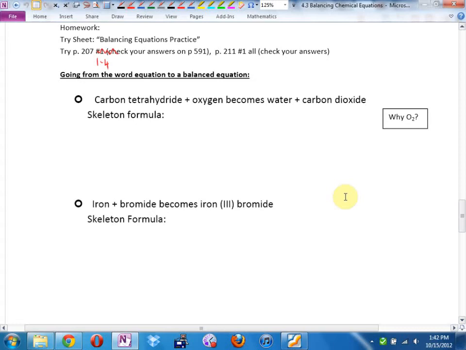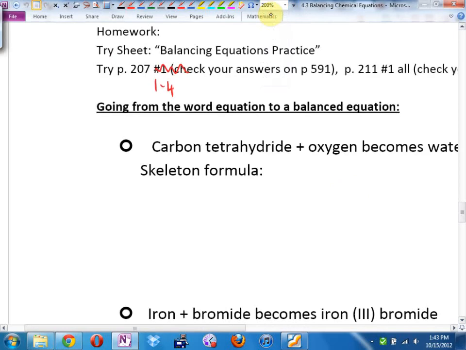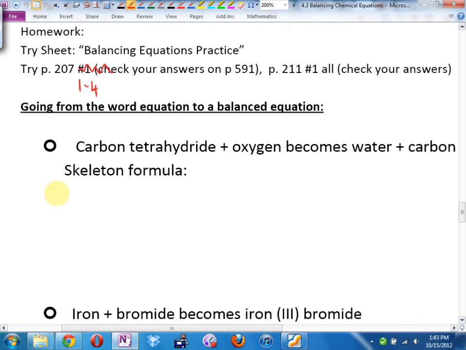What would carbon tetrahydride look like? First of all, is it covalent or ionic? It's covalent. Carbon, what's the symbol for carbon? Let's make this bigger. C. Hydride, what's that? That's hydrogen. What does tetra mean?